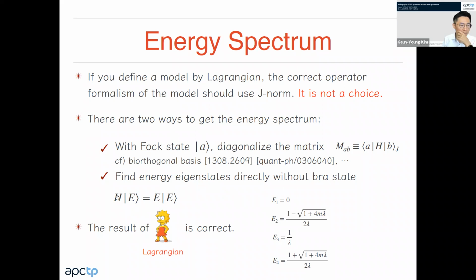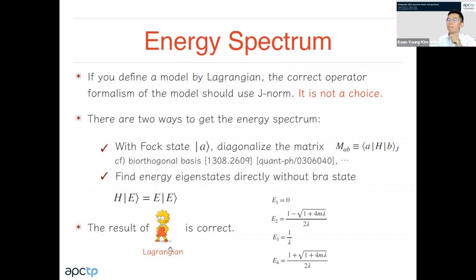Or you can study the diagonalization of this operator directly: consider some linear combination of states of the Fock space, and find the eigenstate not in the matrix but in the operator way.